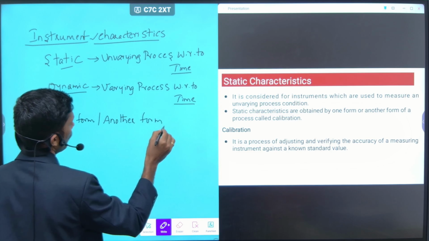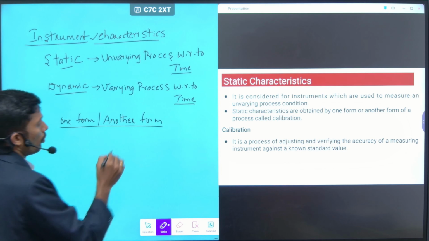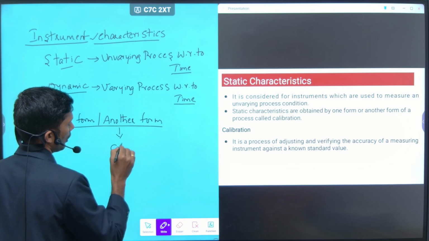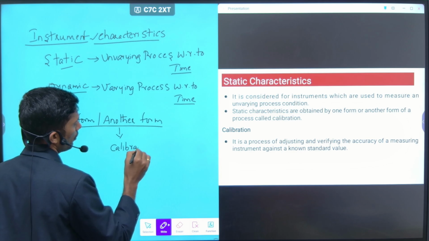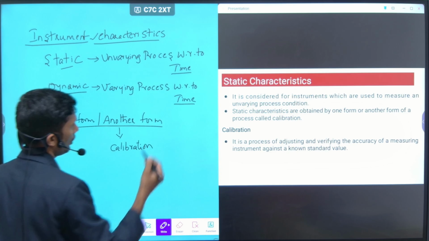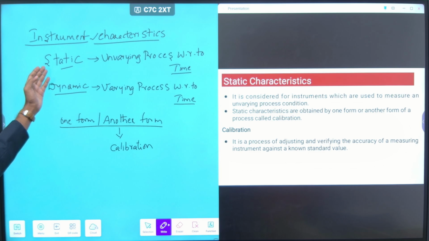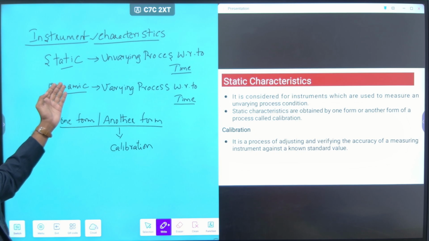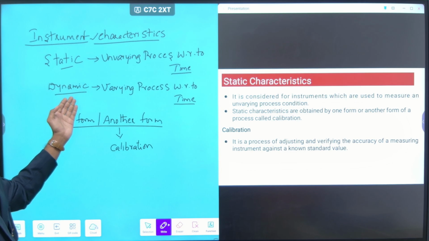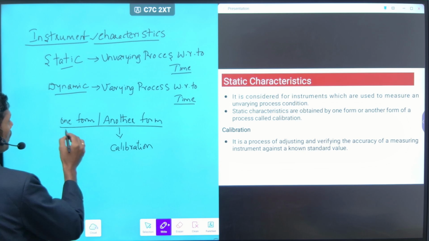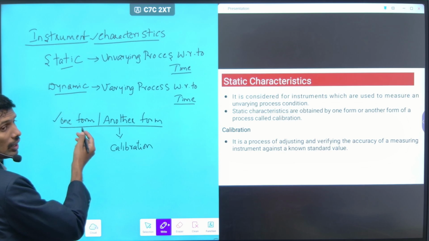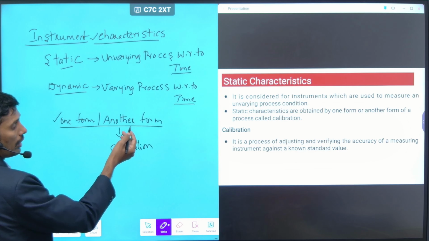This process we call calibration. In both static and dynamic we can measure any type of quantity, in the form of any type of energy or signal.